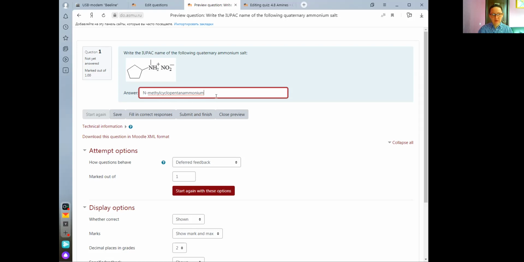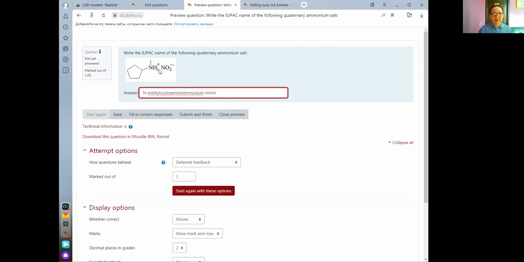After this, you give a space here, and separately you write the name of your anion. In my case, the NO2 minus anion name is nitrite: methyl cyclopentane ammonium nitrite.